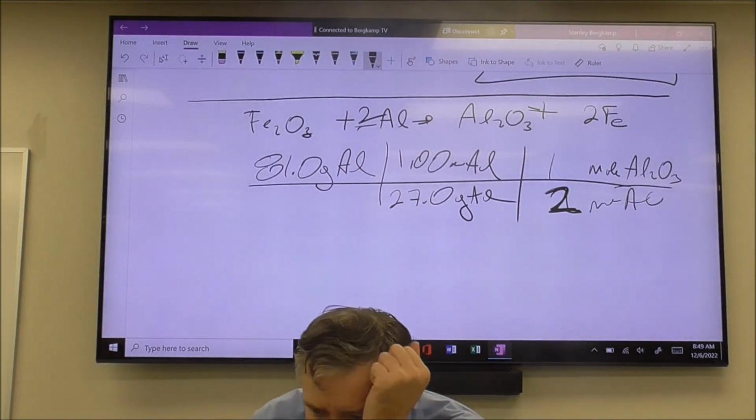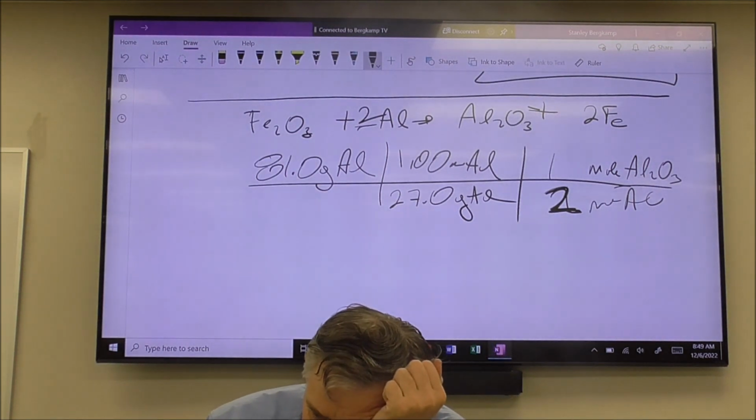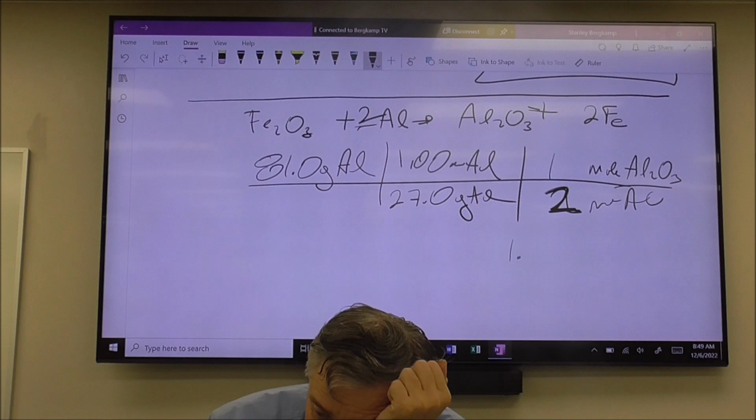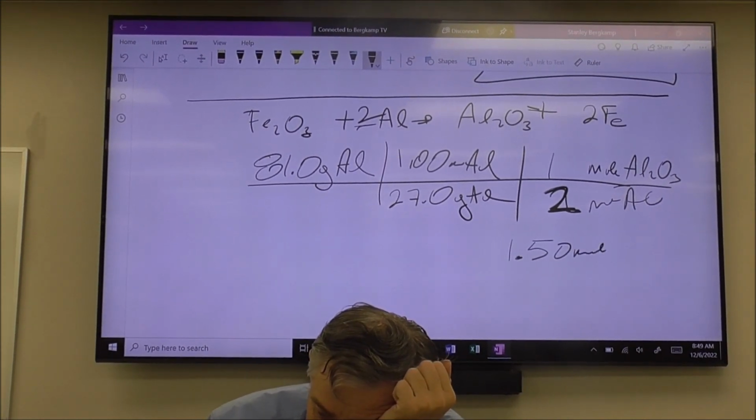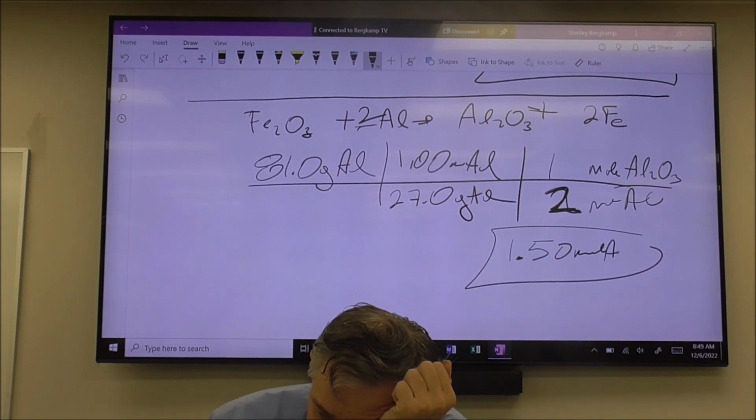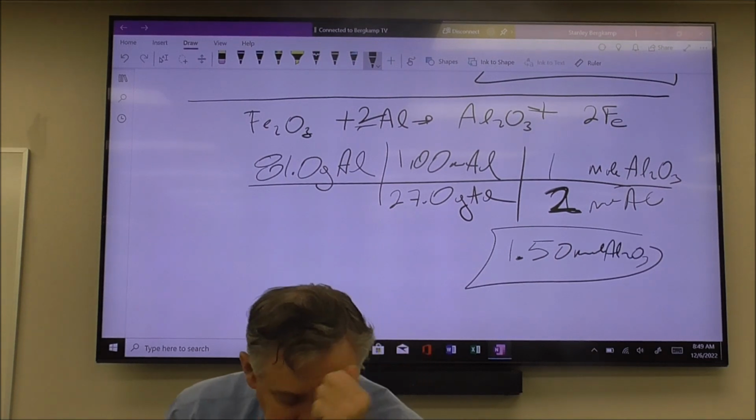So, what do you get as an answer? 1.5, exactly. So we're going to write that as 1.50 moles of aluminum oxide.